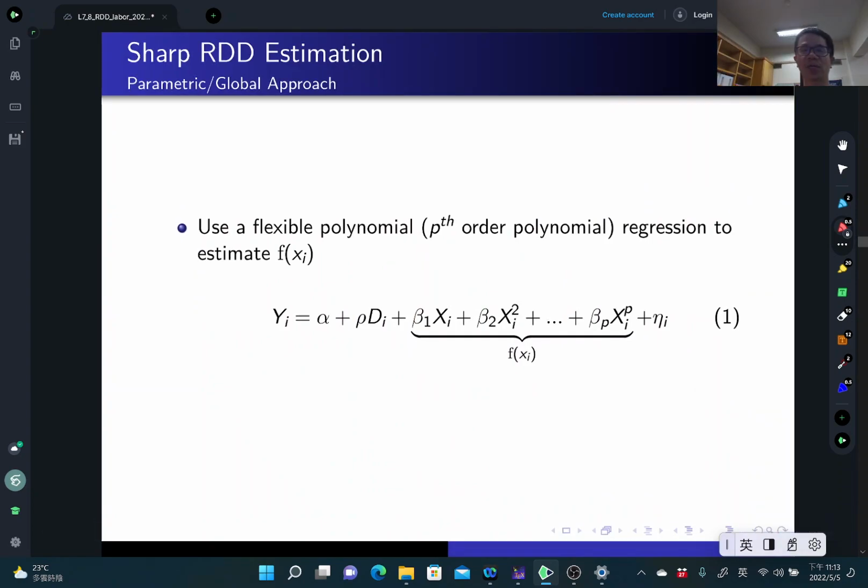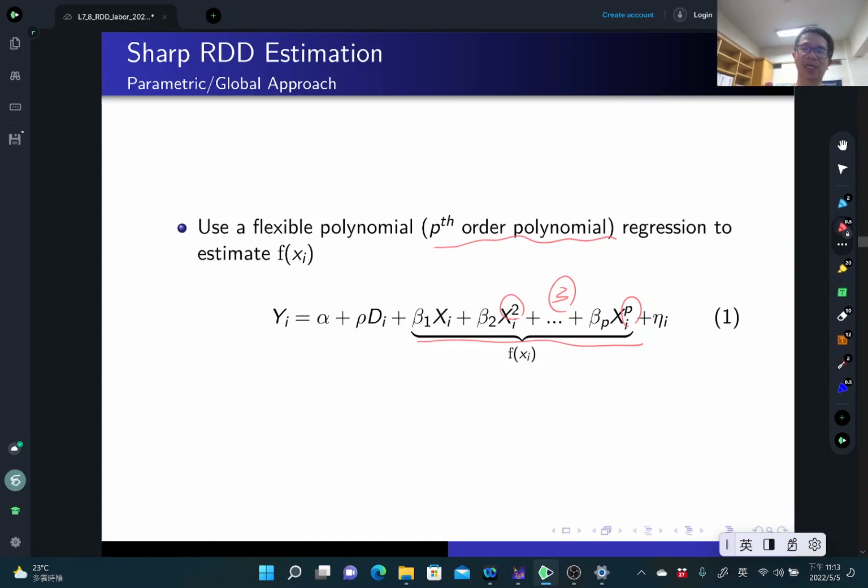Typically we might use some flexible polynomial regression to estimate, for example modeling the function f as a p-th order polynomial term. Usually we do not use a lot of polynomial terms, maybe just second order or third order, which might be enough.